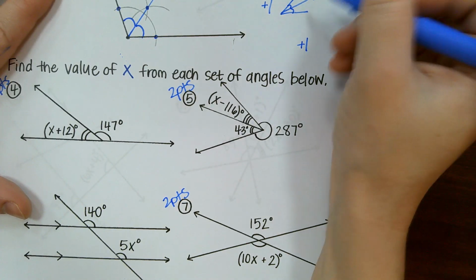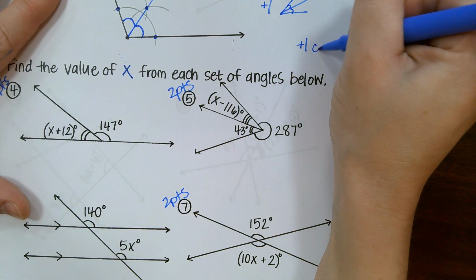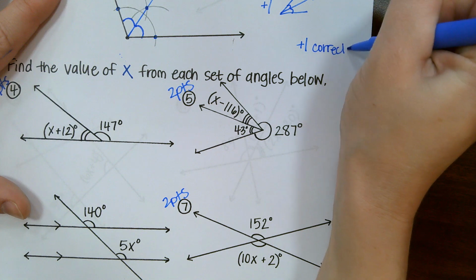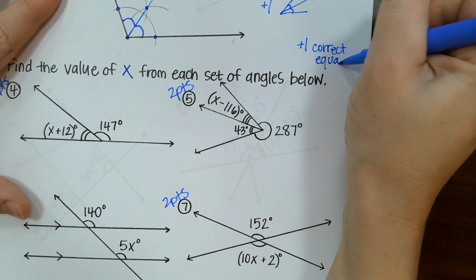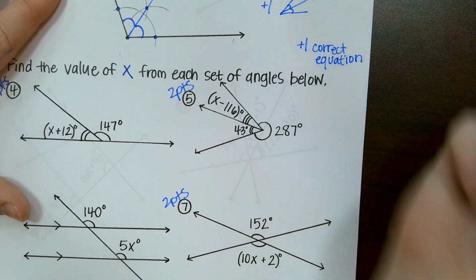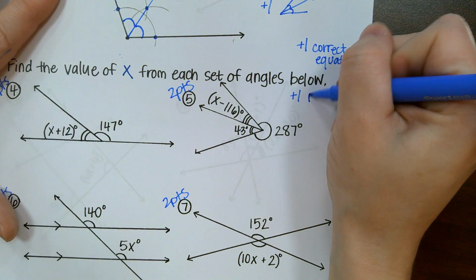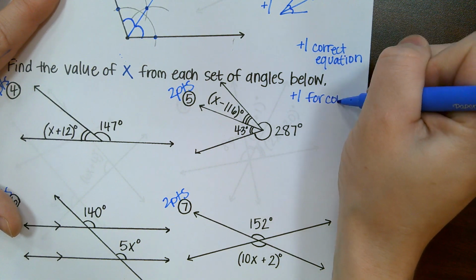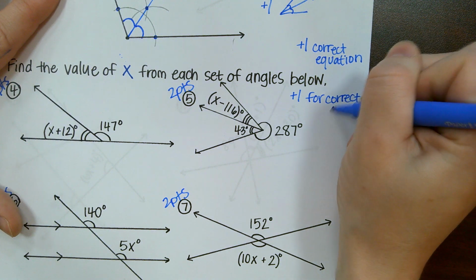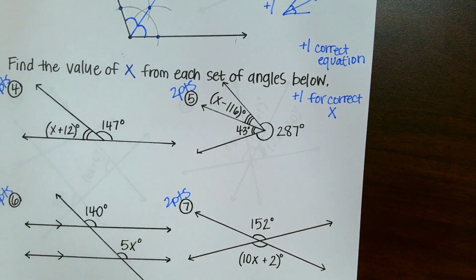You'll get 1 point for writing the correct equation. And you'll get another point for getting the correct value for x. So let's go through these together.